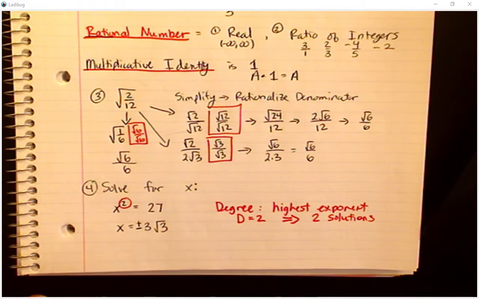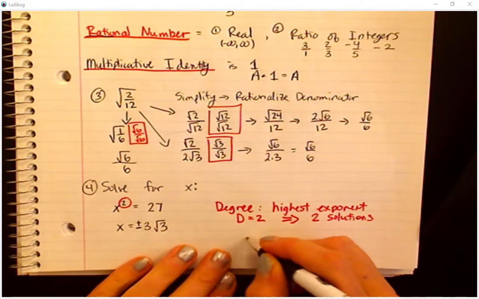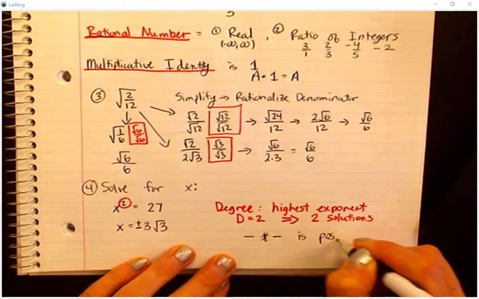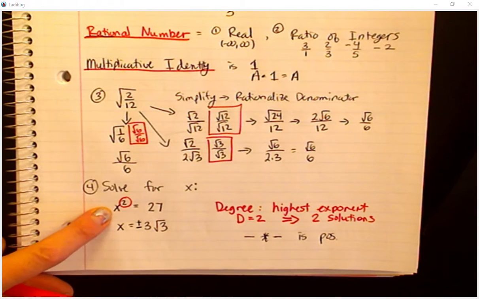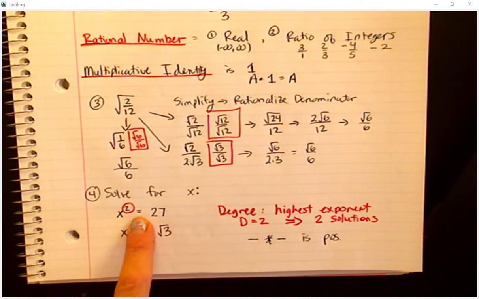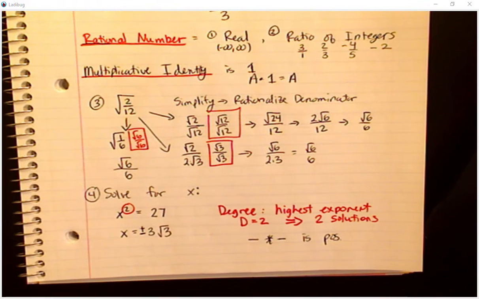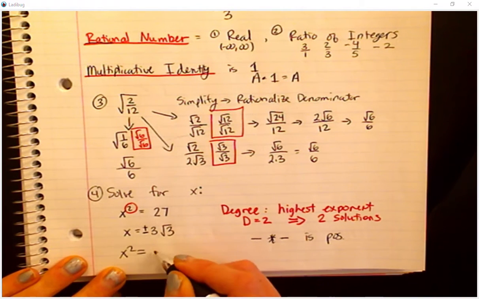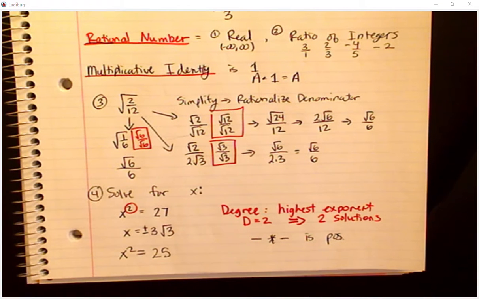Okay, you're like, well, why do I have plus or minus? Guys, a negative times a negative is positive, right? You're squaring it. Negative times negative will equal a positive number. And so I have to consider the negative as a possibility because of the squared exponent. That's why you end up with 2 solutions. I can make it simpler and just say x squared equals 25. Yeah, perfect squares are pretty easy.